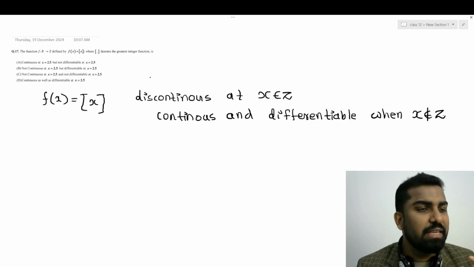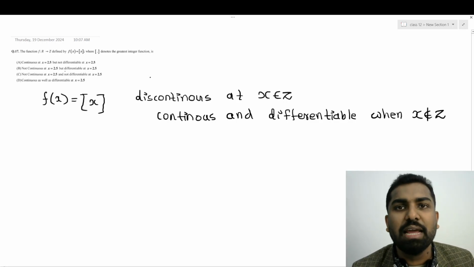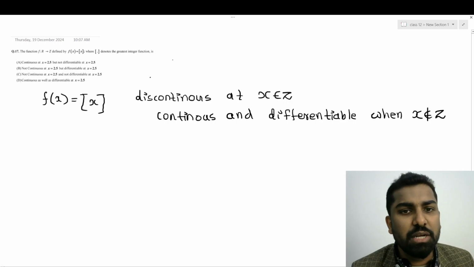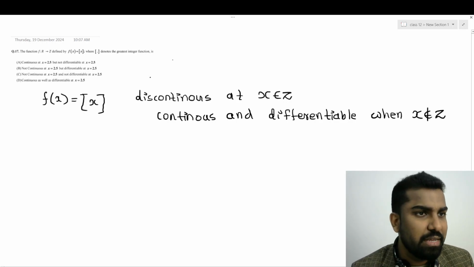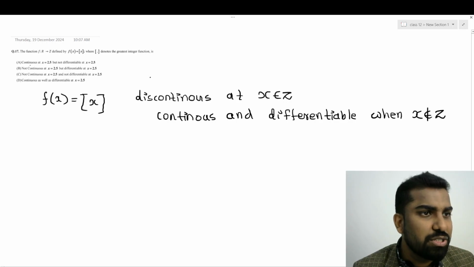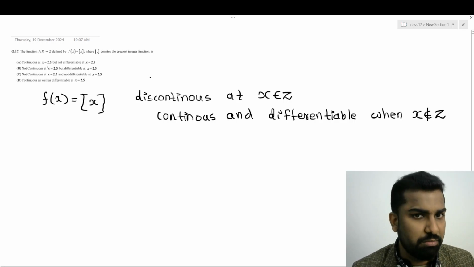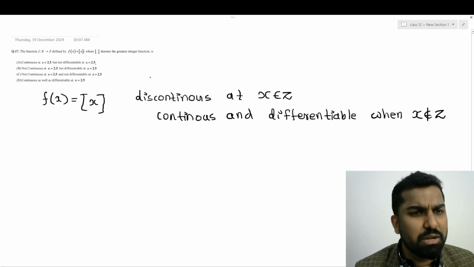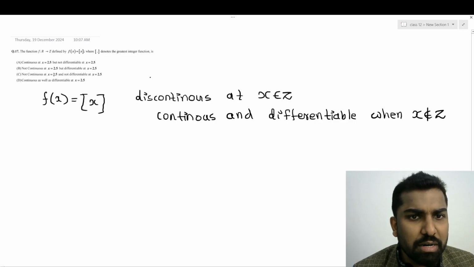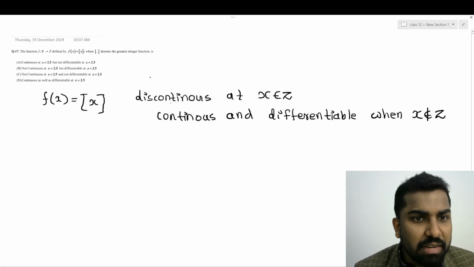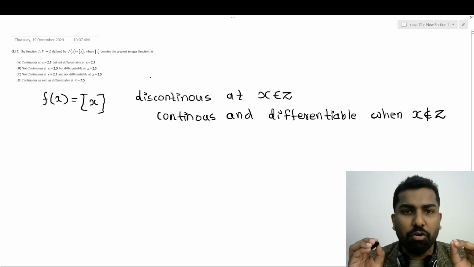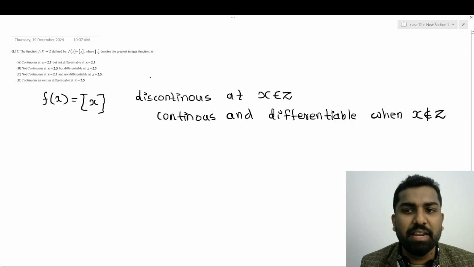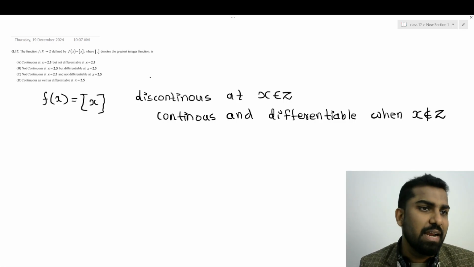So everything in this question is depending upon the value of 2.5. As we know, 2.5 is not an integer. So if I am observing the question, continuous at x equal to 2.5 and differentiable at x equal to 2.5, no. Why? Because the function is continuous and differentiable only when x is not an integer.